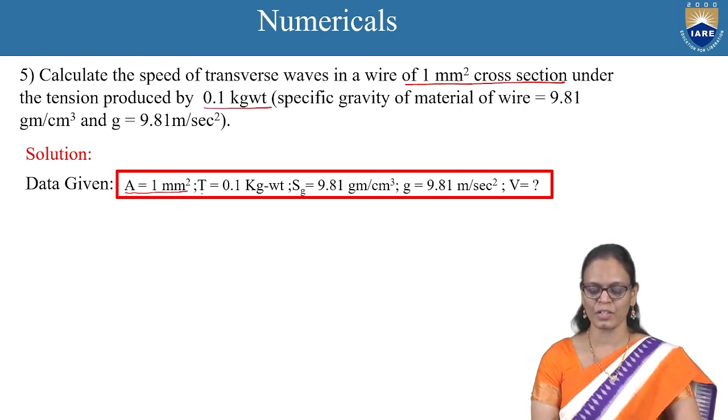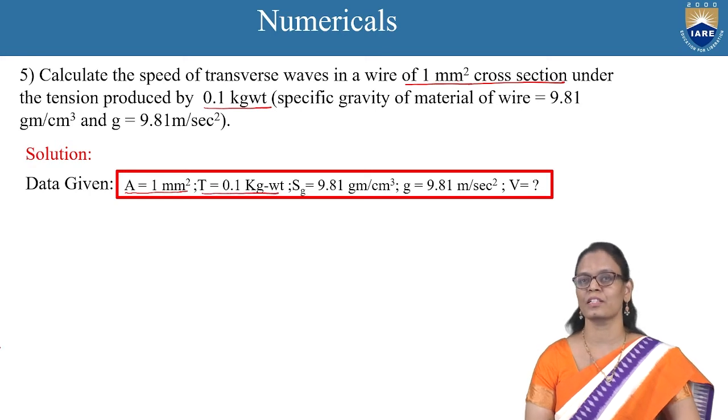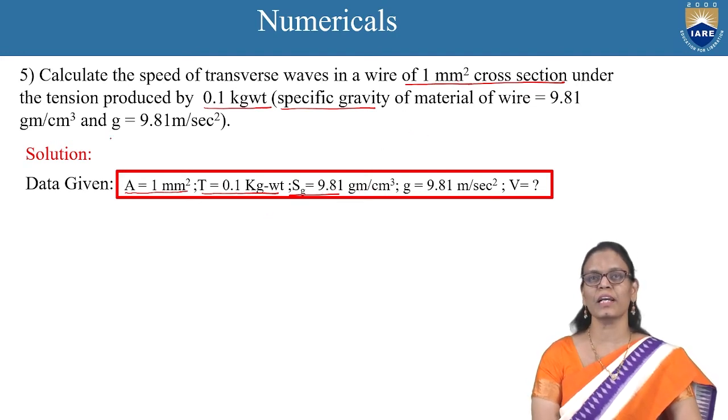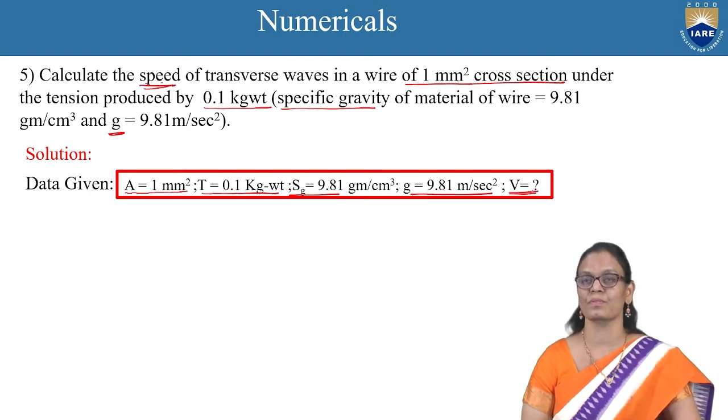And specific gravity of the material, which is denoted by Sg, is 9.81 gram per centimeter cube. And then g, the acceleration due to gravity, is 9.81 meter per second square. What we have to find is the speed, or the velocity.